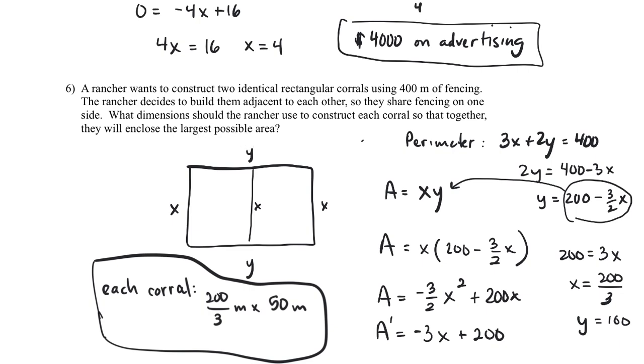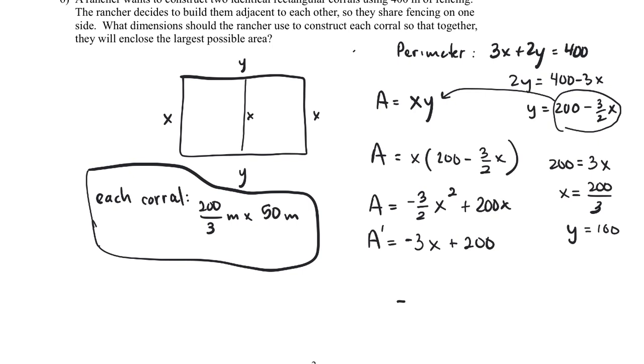So what you would need to show is that you've done the first derivative test around 200 over 3. So if we tested something like 1 as a test point and 100 as a test point, 1 into the first derivative here, negative 3 times 1 plus 200 is positive.